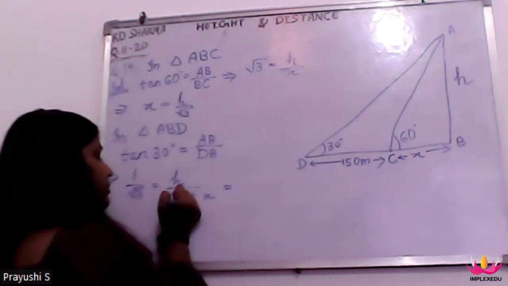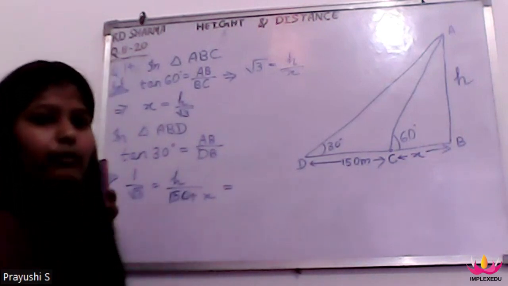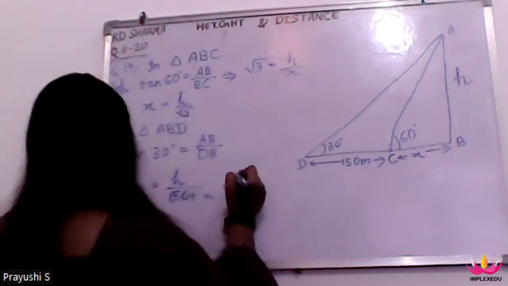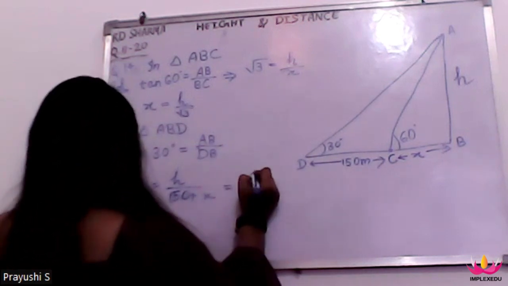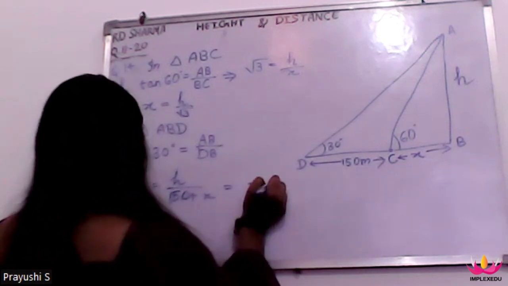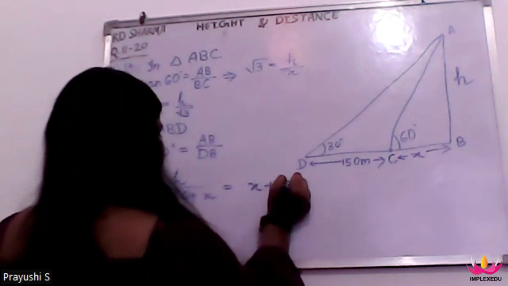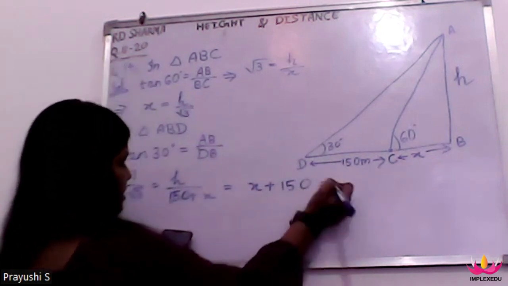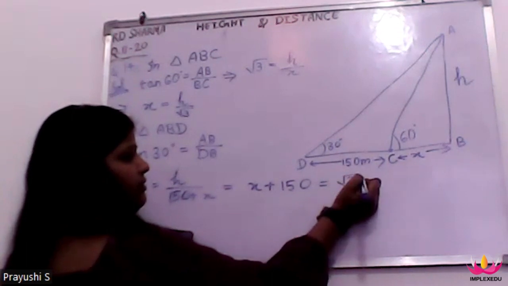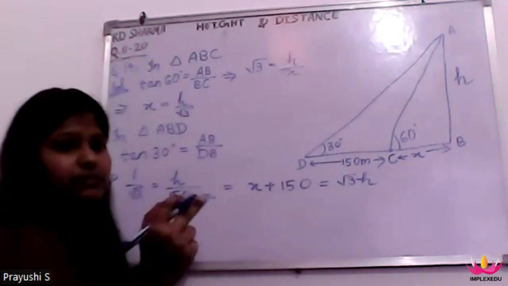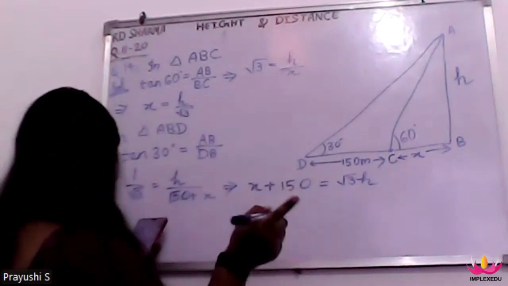Now from here we will get x plus 150 is equal to root 3h.